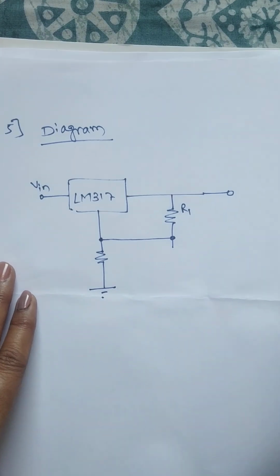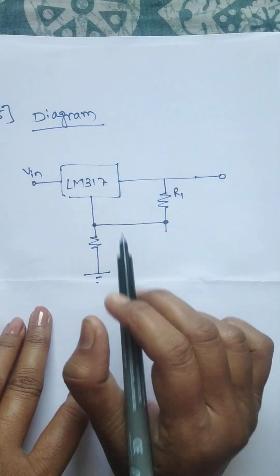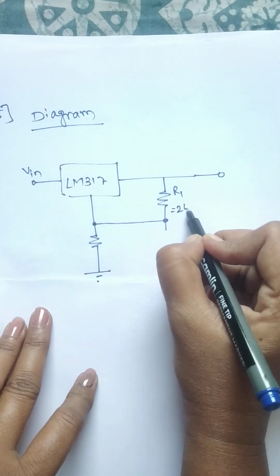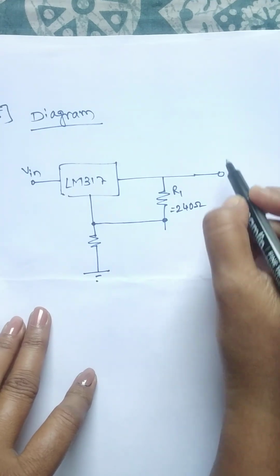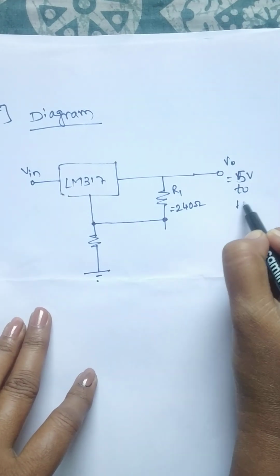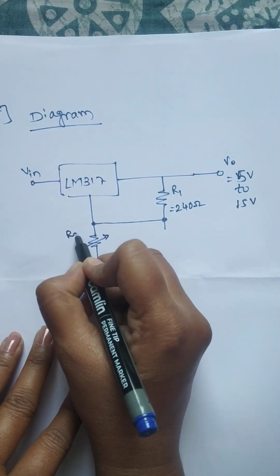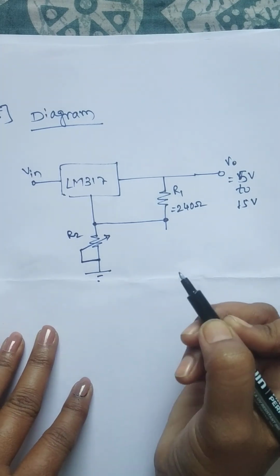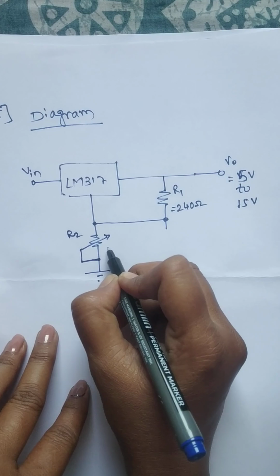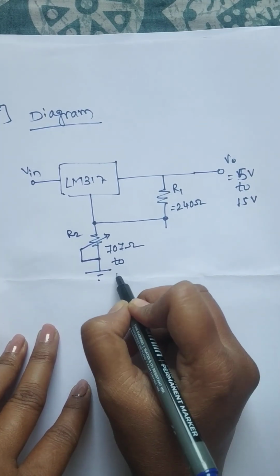After finding out the values of R1 and R2, or all the values of the components, finally again you have to draw the circuit diagram, because R1 value we have kept at 240 ohm, V output it is given as 5 volt to 15 volt, it is variable, and R2 is a variable resistor and its value we have calculated as 707 ohm to 2.59 kilo ohm.